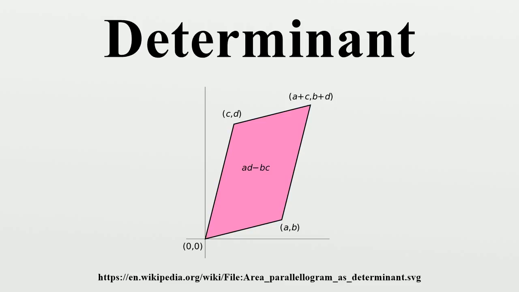N times n matrices. The determinant of a matrix of arbitrary size can be defined by the Leibniz formula or the Laplace formula. The Leibniz formula for the determinant of an n times n matrix A is here. The sum is computed over all permutations sigma of the set 1, 2, ..., n. A permutation is a function that reorders this set of integers.